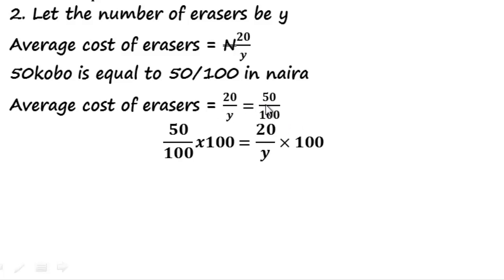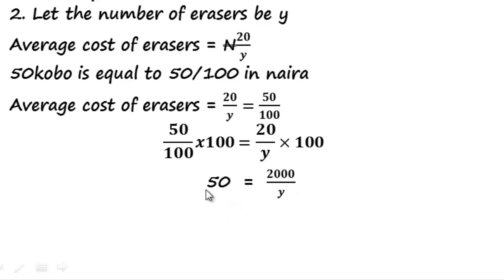Multiply both sides by 100, the denominator. 50 divided by 100 times 100 is just a rearrangement, which is normal, equals 20 divided by y times 100. 100 cancels 100, 50 remains here, and 100 times 20 is 2000.